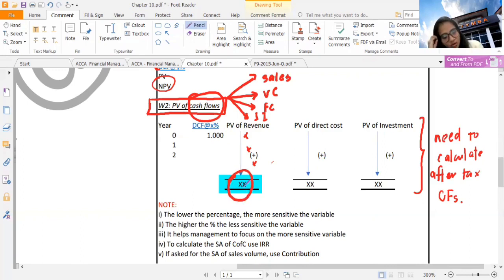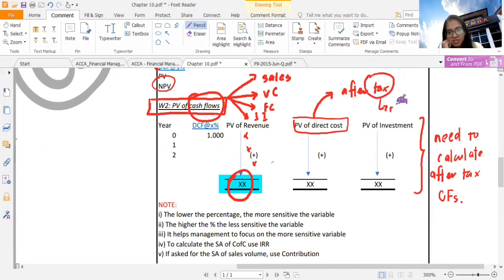So revenue, you discount it minus tax, and then you total everything up, you get your total present value of cash flows. Now, besides that, when you talk about your present value of cost, you're going to be asking me, how do I calculate PV of my costs after tax? So you must remember that this cost, when you say after tax, that means your tax will be a refund.